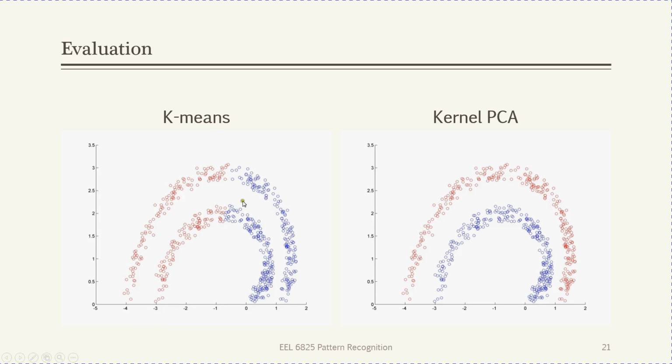Even though we know the data should belong to this curve and this curve, k-means cannot detect it. Whereas with kernel PCA, as you can see, the results are pretty good. It gives the best performance compared to k-means.